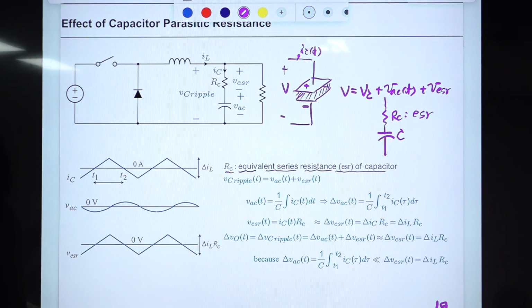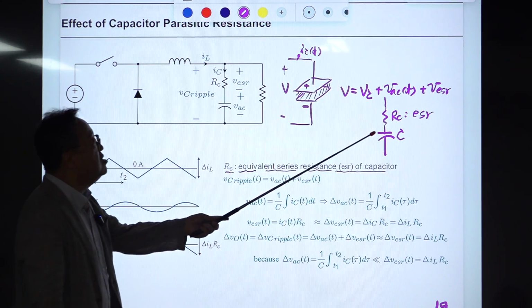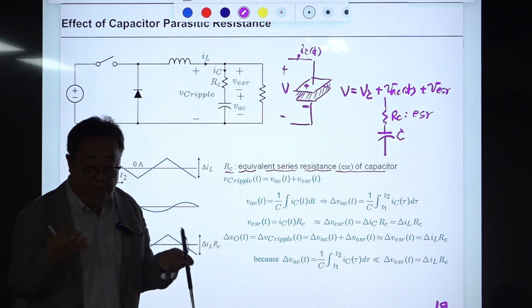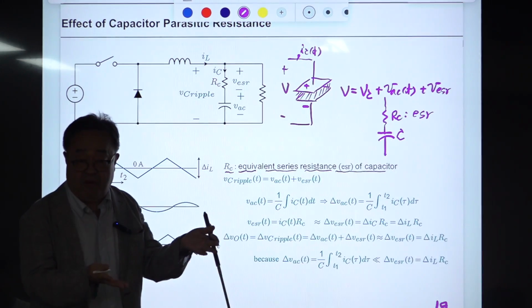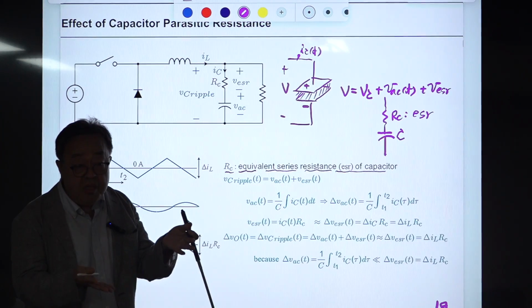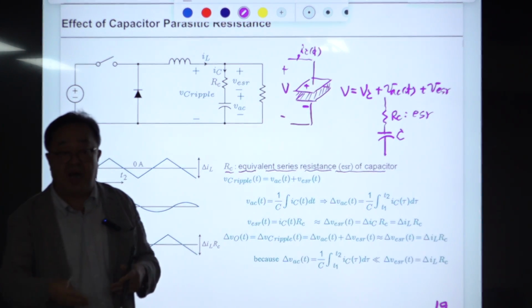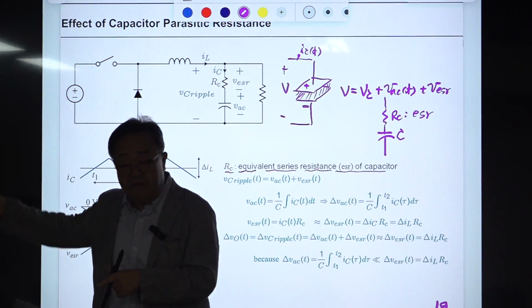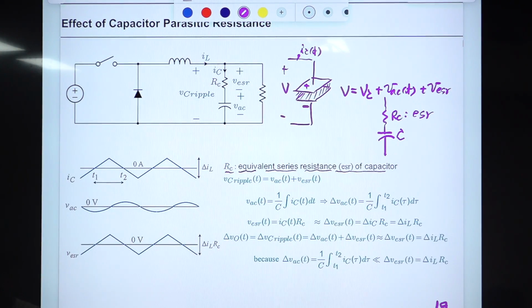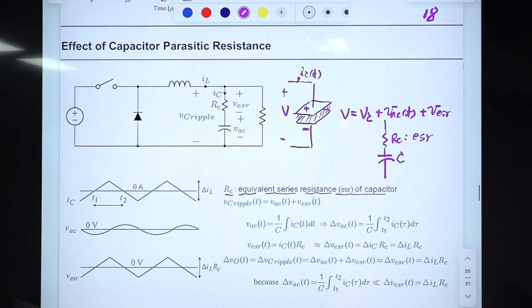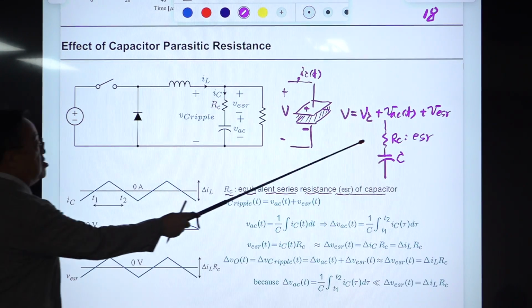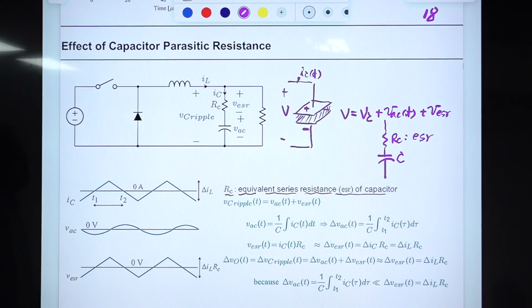One is it critically determines the size of ripple component in output voltage or voltage across the capacitor. There is the output ripple. So output ripple is way larger than previous estimation. Theoretical estimation is nothing compared with this; the voltage drop across this is much larger than those things. Okay, so this is very important for the estimation of our voltage ripple.